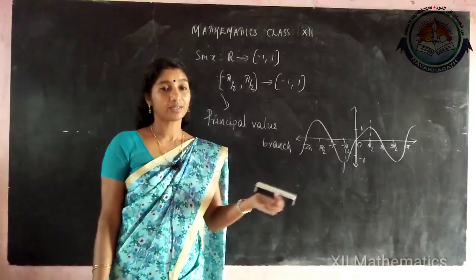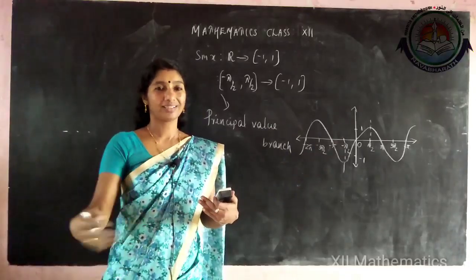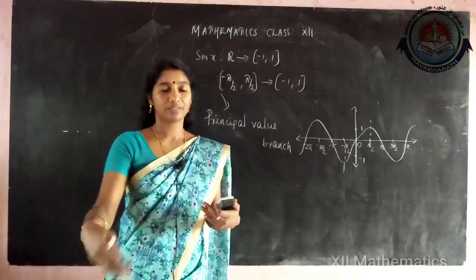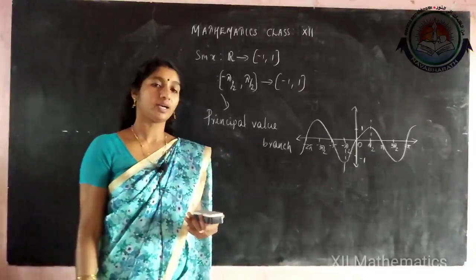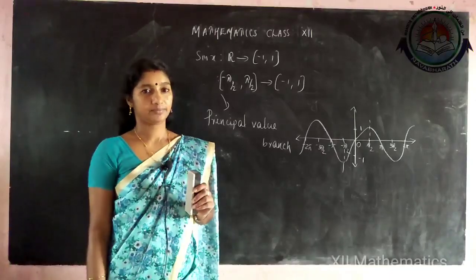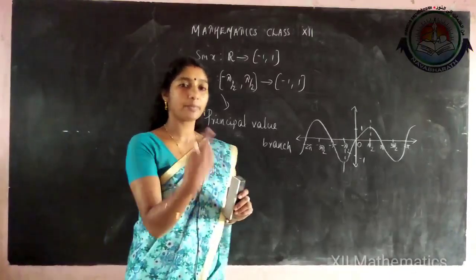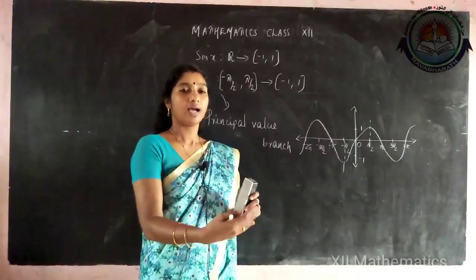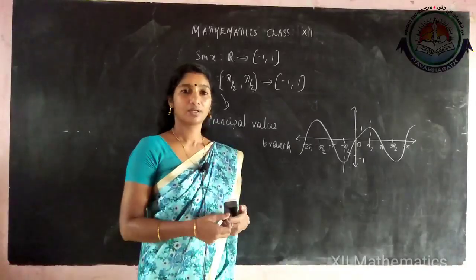But among them, for doing the problems and further results, we are selecting this as the principal value branch. That much only. Other intervals have the same property, but among them this one is taken as the principal value branch. Got it?